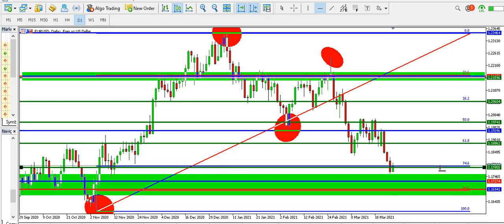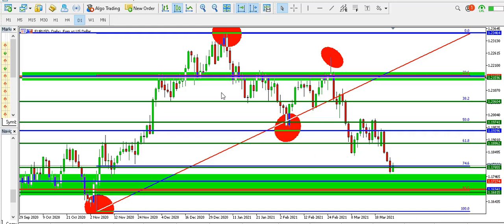So price eventually closed on the 74.6 Fibonacci level on the daily time frame. Okay, we are going to mark the 88.6. The daily 88.6 level coincides with where we have the monthly and the weekly level. So this confirms that this particular level is a strong level.